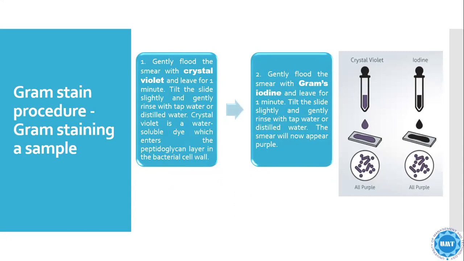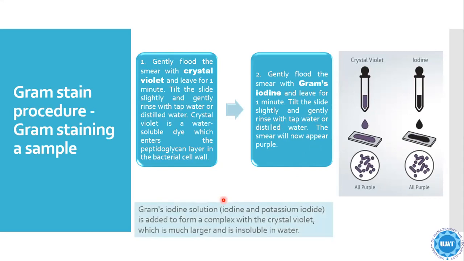Then gently flood the smear with Gram's iodine, tilt the slide and gently rinse with tap water or distilled water. The smear will appear purple with iodine, and with crystal violet it is also purple.